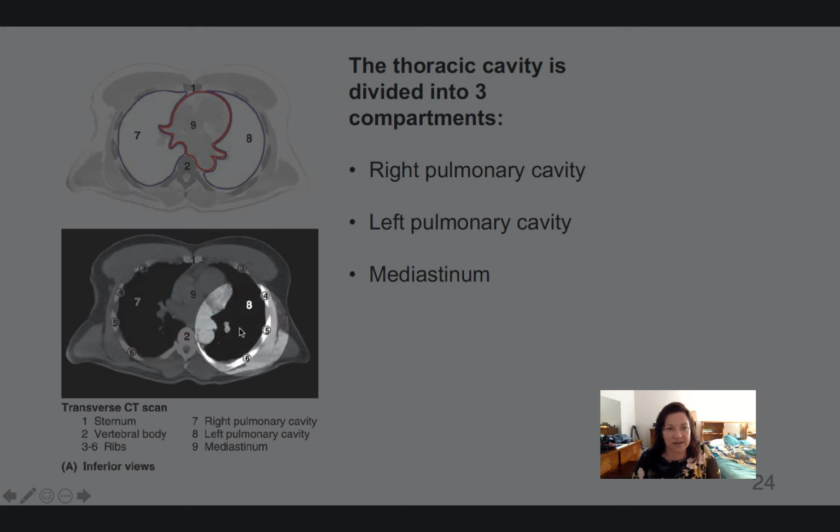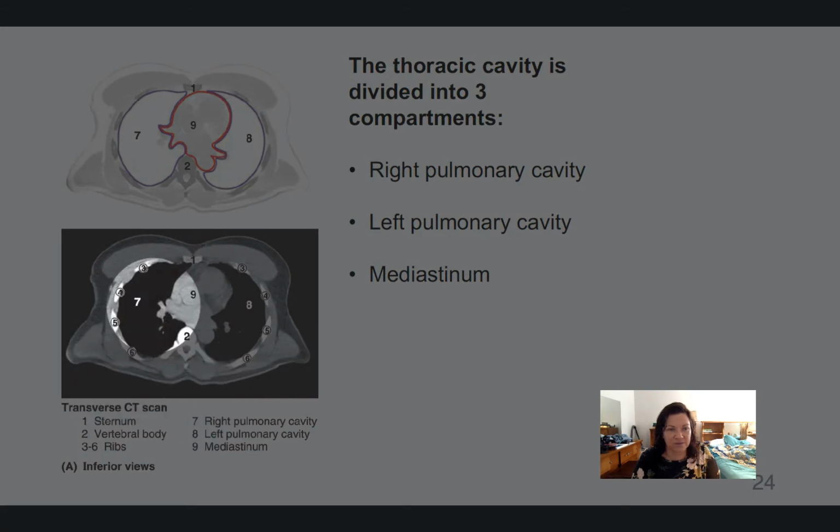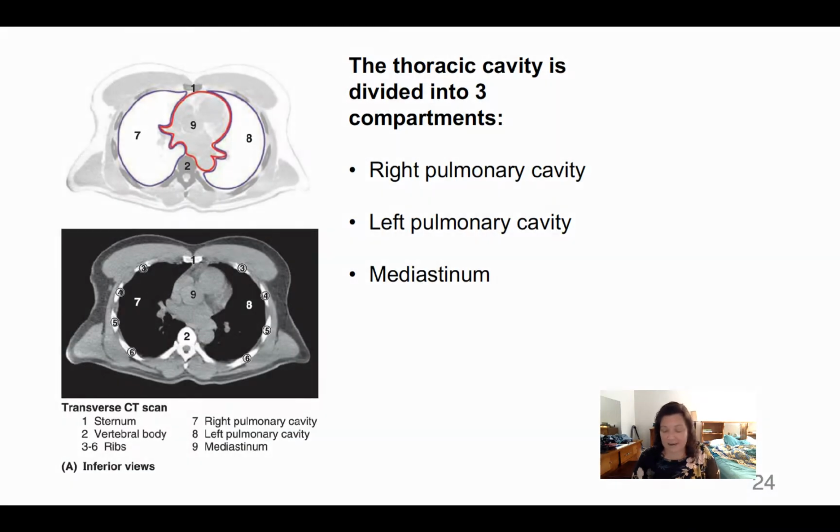And you can see the right and the left pulmonary cavities are dark on CT because they contain the lungs, which are full of air. And in between those two is the mediastinum, which contains the heart and the great vessels, as well as some other components that are traveling centrally, like the esophagus and the trachea. And this is a good key to a typical transverse CT scan at the level of the mediastinum.